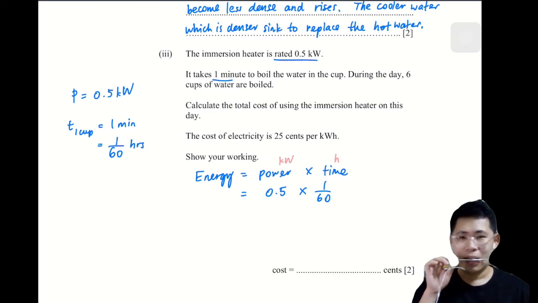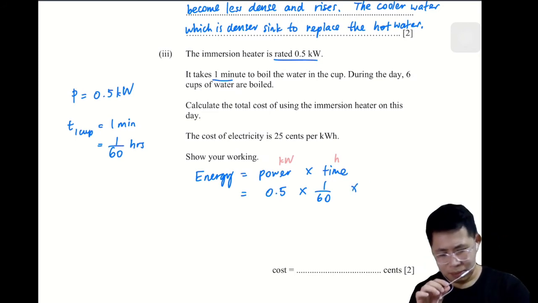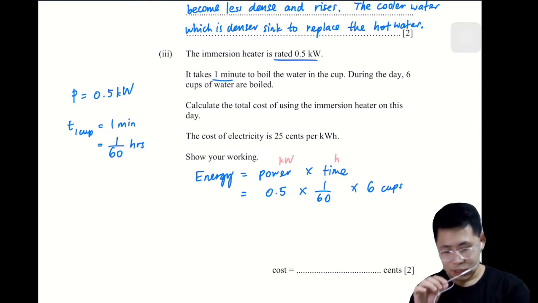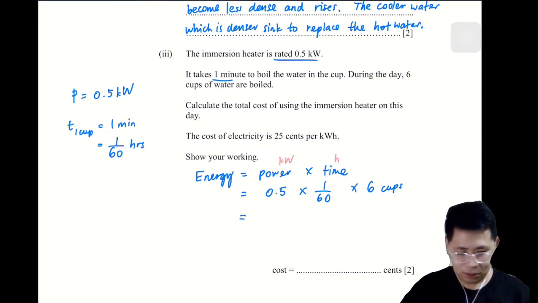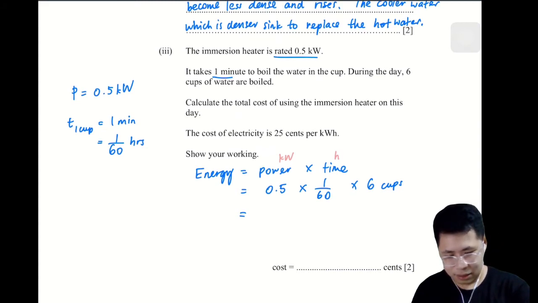Last but not least, how many cups of water? Times 6 cups. We are just going to use a calculator: 0.5 times 1 over 60 times 6. We have 0.05 kilowatt hours.